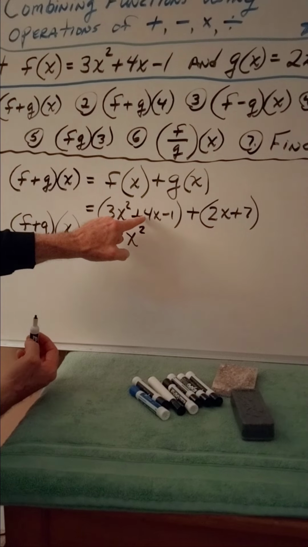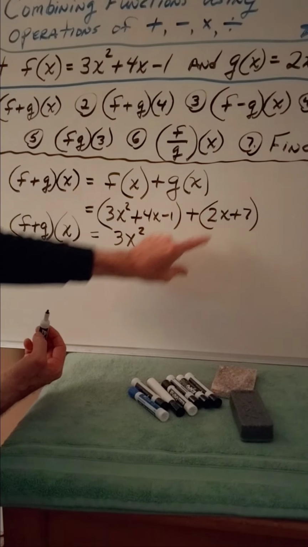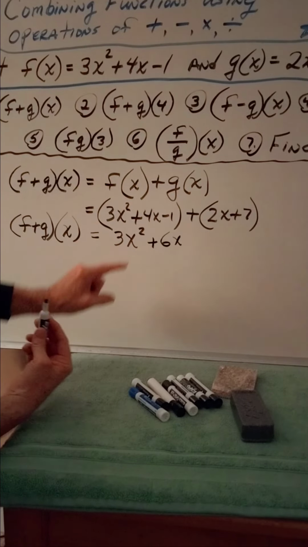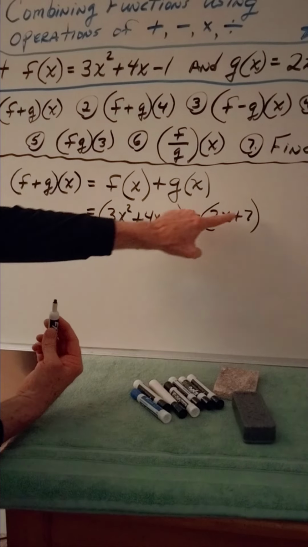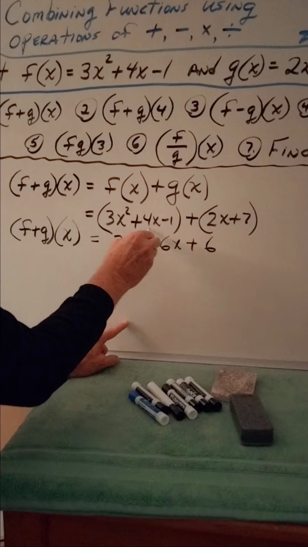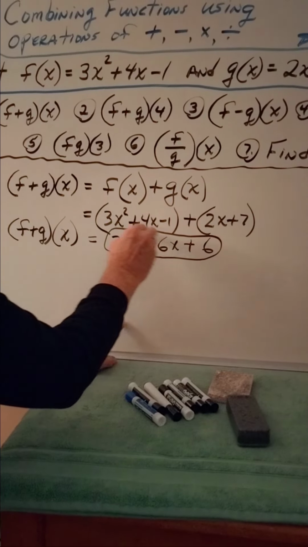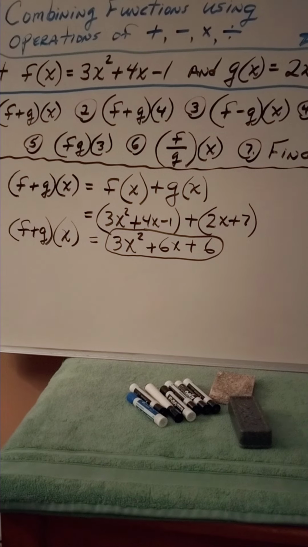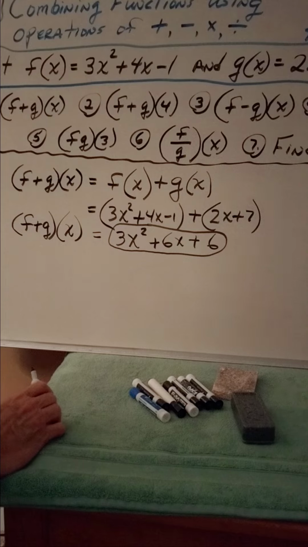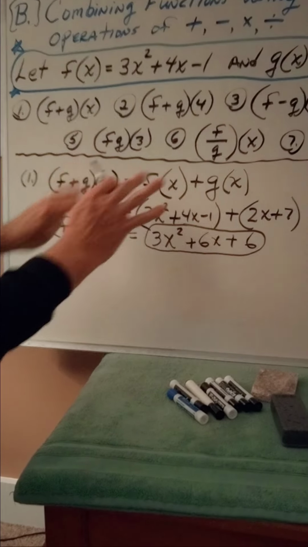We'll combine this linear term of a positive 4x with a positive 2x there, and that'll give us a positive 6x. And then we'll combine this negative 1 with that positive 7, and we'll have a positive 6. And here is the outcome. There is our range value after those two functions got added. So there's number 1. That's the look of number 1.